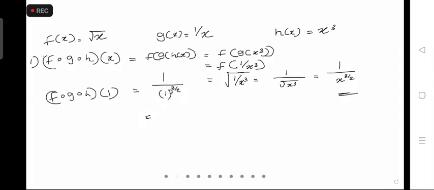Any power of the 1 equals 1. So we have to find the value at 16.